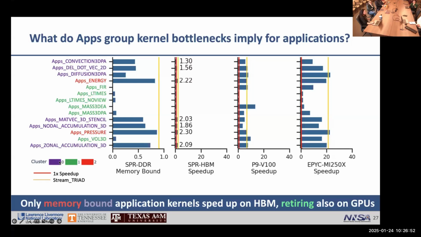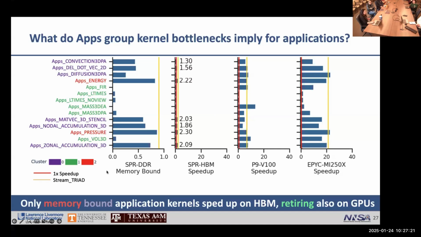If you remember, 0 and 2, the purple and the red, are the memory bound, and green is the retiring bound. We see the memory bound percentage, the percentage of that bottleneck on the Sapphire Rapids DDR. And then the next three panels are the speed up across the new architectures again.